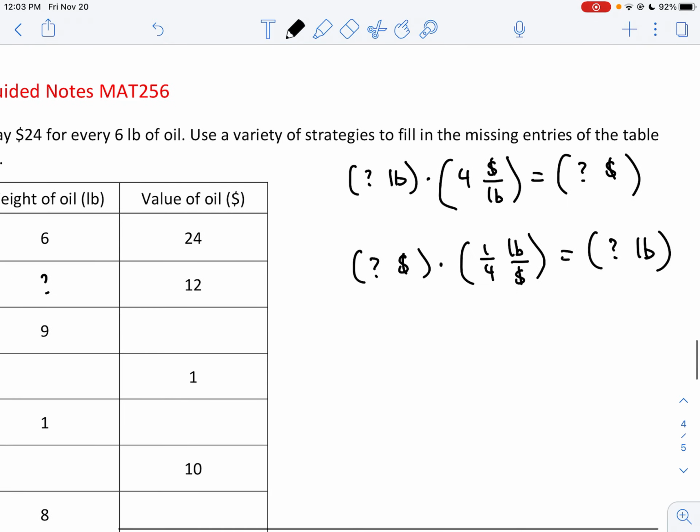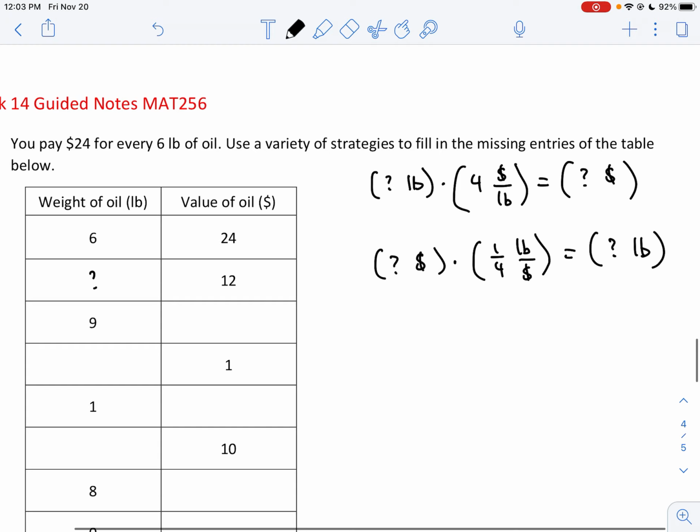These are your 2 basic multiplicative structures. It really doesn't matter which one you use. If I know that I want $12 worth, then I can do the top one and put a 12 right here, and then solve this missing multiplier problem by division, do 12 divided by 4.